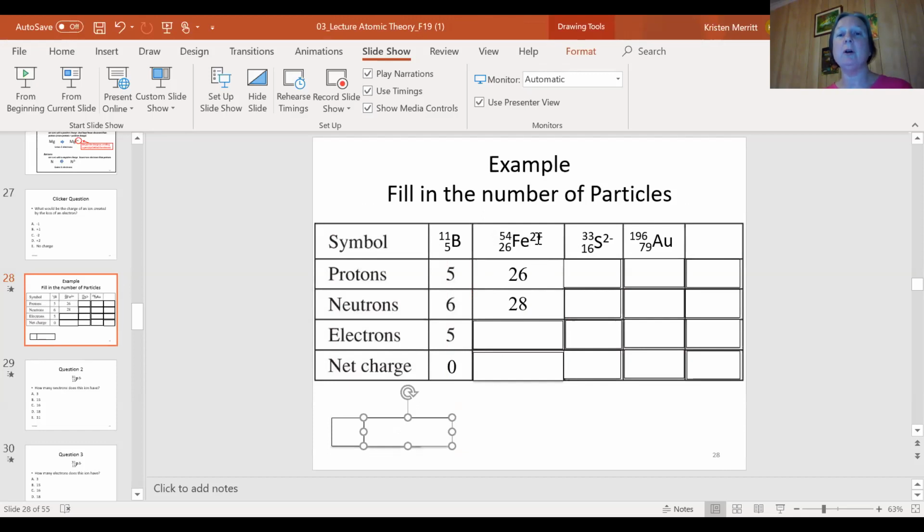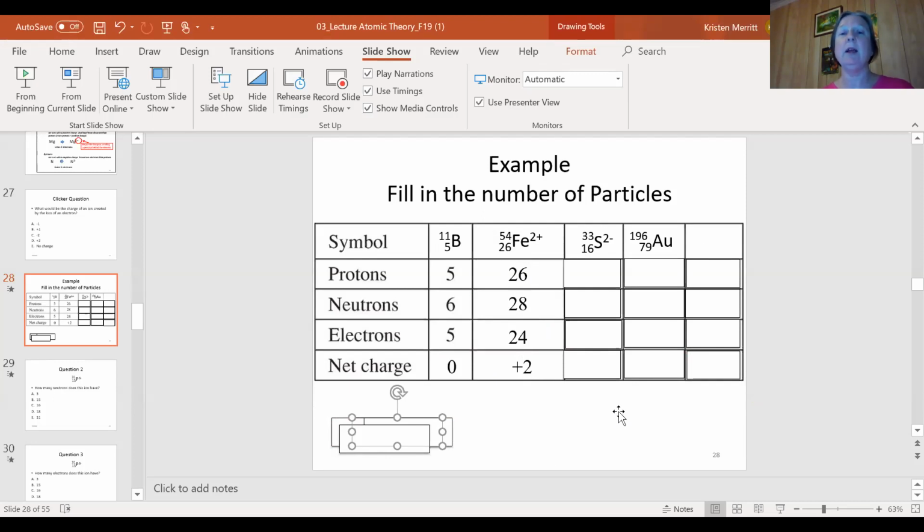This has a charge. So if we look at net charge, it's +2, right? That means it has 2 more protons than electrons. So if it has 26 protons, how many electrons will it have? It's going to have 2 fewer, it's going to have 24. So with the symbology, you can figure out each of the constituents.